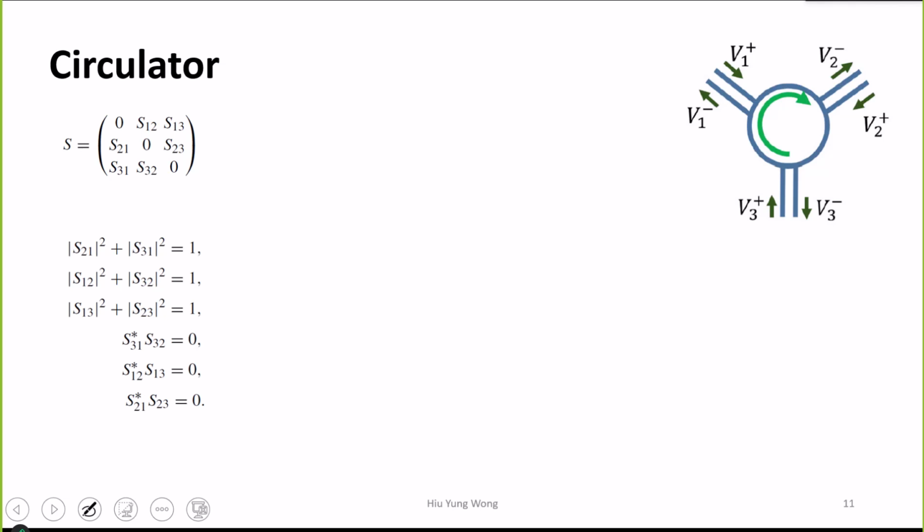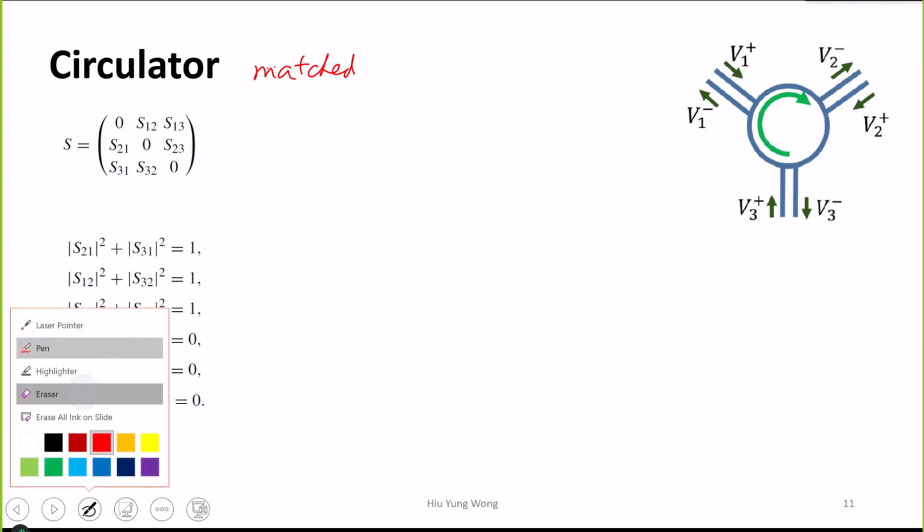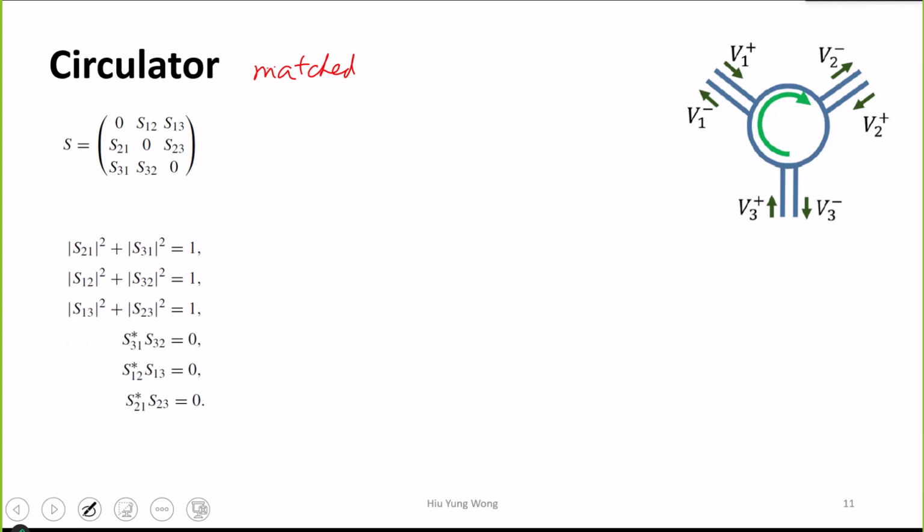So in this case, we have a matched and lossless network. Okay, it is not reciprocal. And because of this, because it's matched, that's why this is 0.